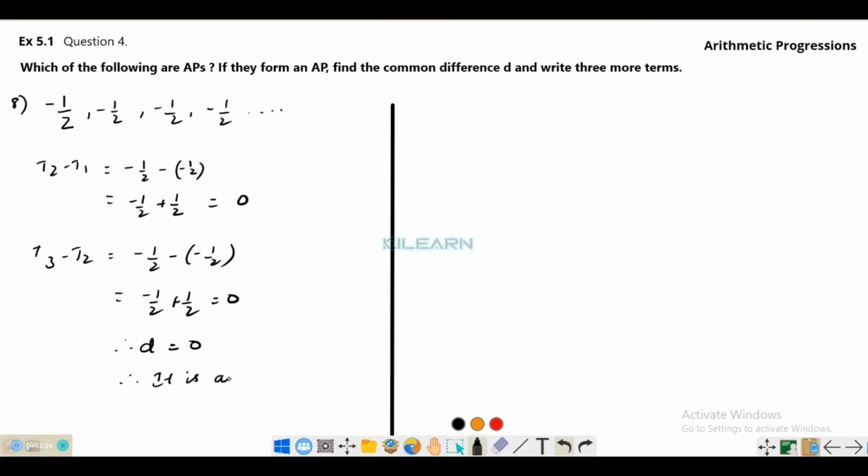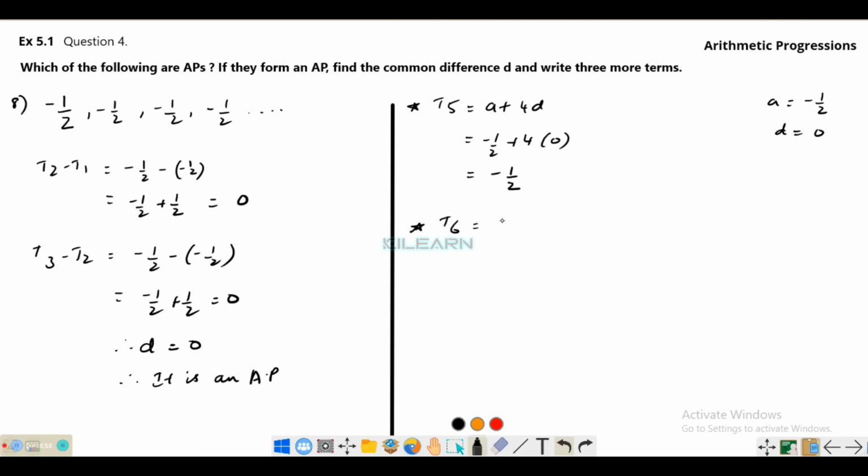It is an AP. So the next three terms, T5 is equal to A plus 4D. What is the A value? Minus 1 by 2. D is 0. So minus 1 by 2 plus 4 into 0, it's the same answer, minus 1 by 2, because 4 into 0 is 0.